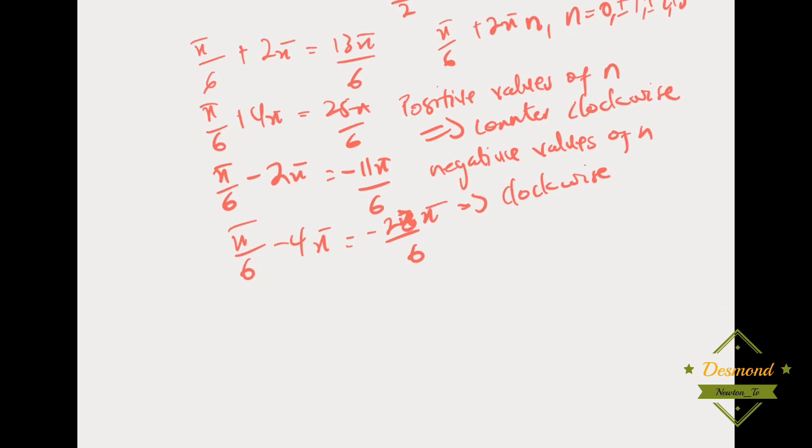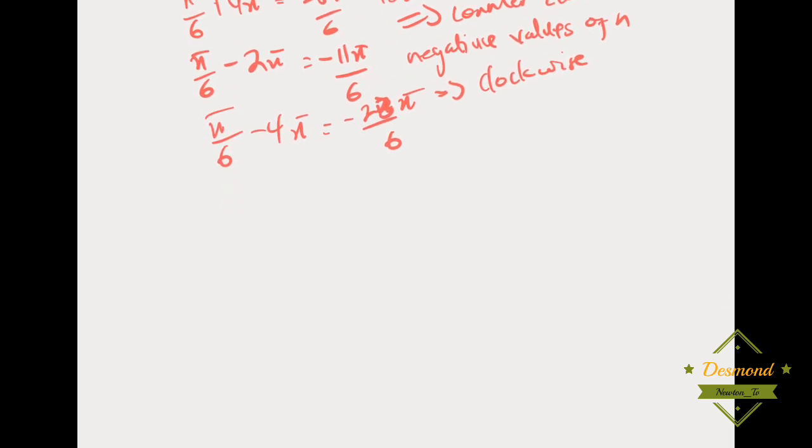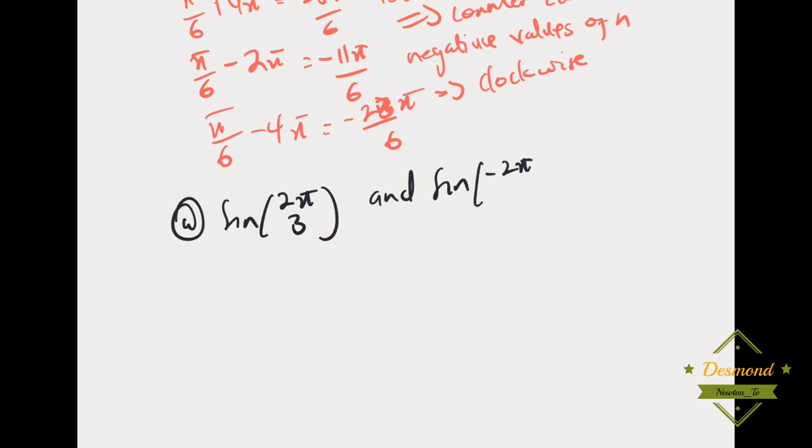So let's say we have an example. Example A, we have sine of 2π/3 and sine of negative 2π/3. Let's see how this one works. The first evaluation in this part uses the angle of 2π/3.